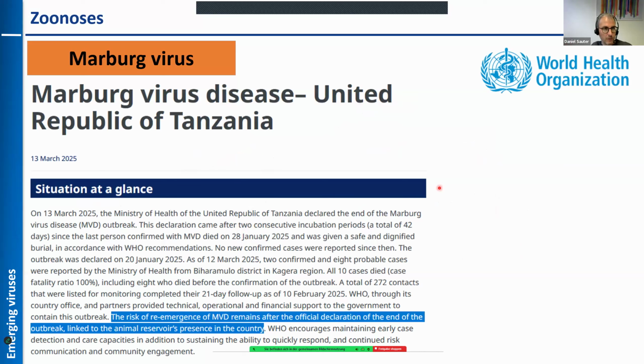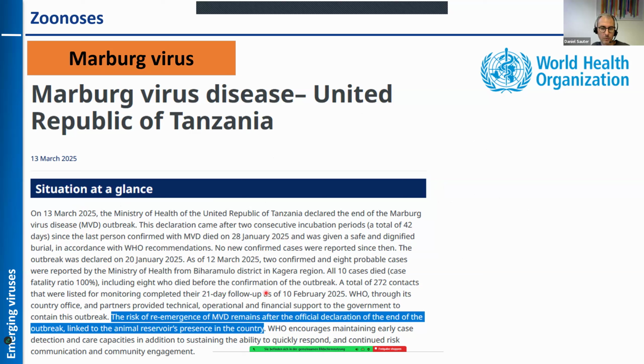Another example that you already put into the zoonotic category is Marburg virus. There was a Marburg virus outbreak at the beginning of this year in Tanzania, which was declared ended in March, I think.